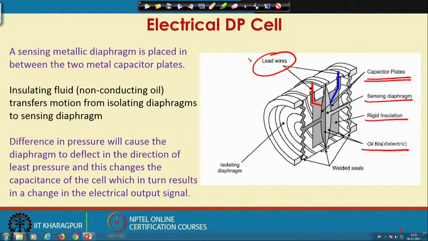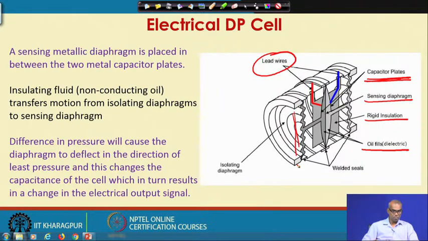A sensing metallic diaphragm is placed in between two metal capacitor plates. So, you have two metal capacitor plates and in between a sensing diaphragm is placed. Insulating fluid, which is a non-conducting oil, transfers motion from isolating diaphragms to the sensing diaphragm. So, I have isolating diaphragms which will receive the pressure of the fluid and transfer it onto the sensing diaphragm.